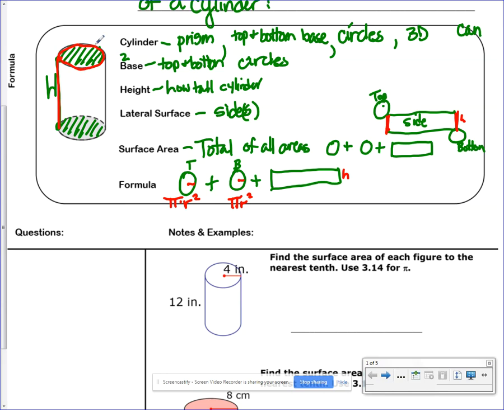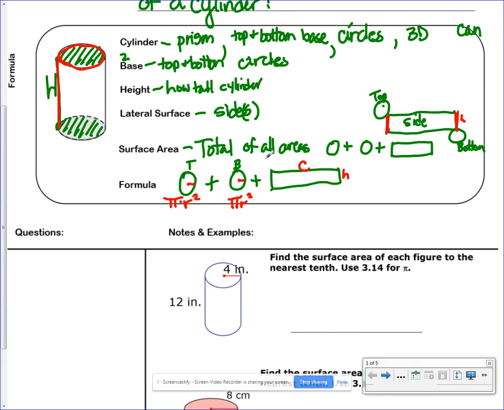This is the label of the soup can, where it says Pringles. It goes all the way around, and we're just flattening it out straight. What is all the way around a circle? We talked about that in the first section: the circumference, the distance around that circular shape. So really, this rectangle is circumference times height.